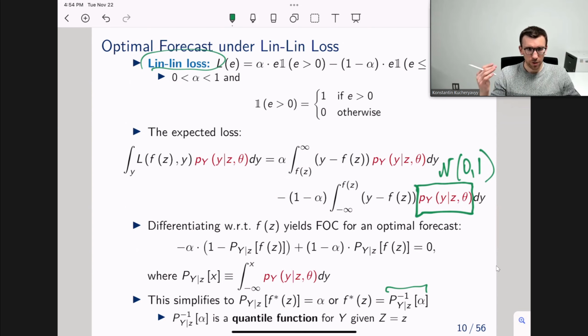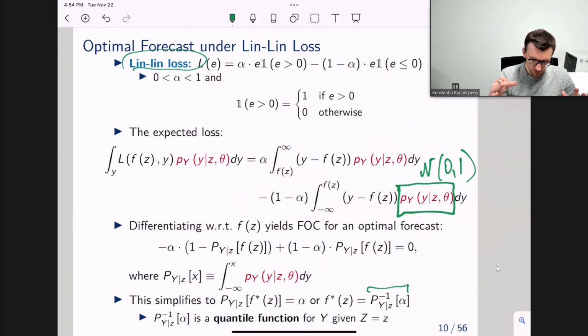In particular, when alpha is equal to 0.5, we have a median value as our prediction. But overall, by choosing alpha, we can trace the quantiles of the distribution. So that I wanted to mention. That's why this example is important.